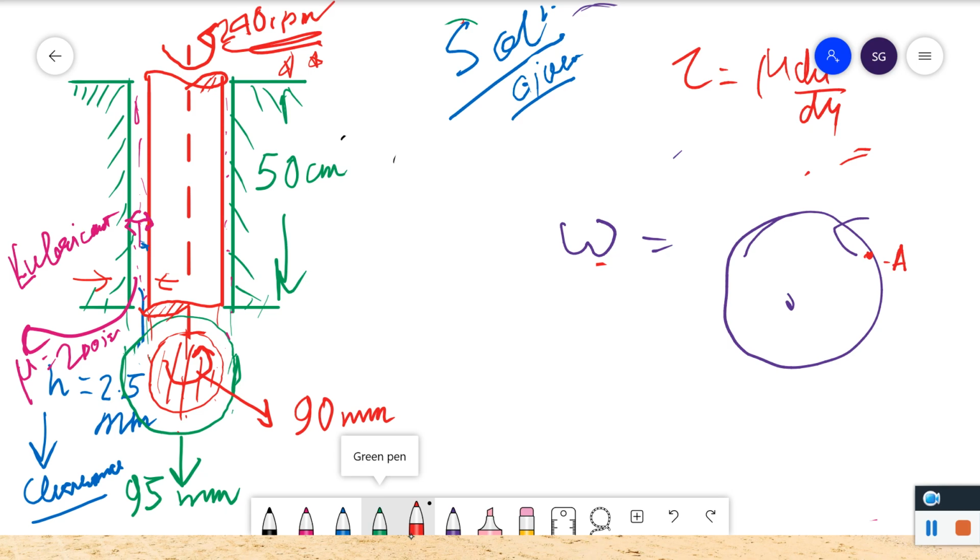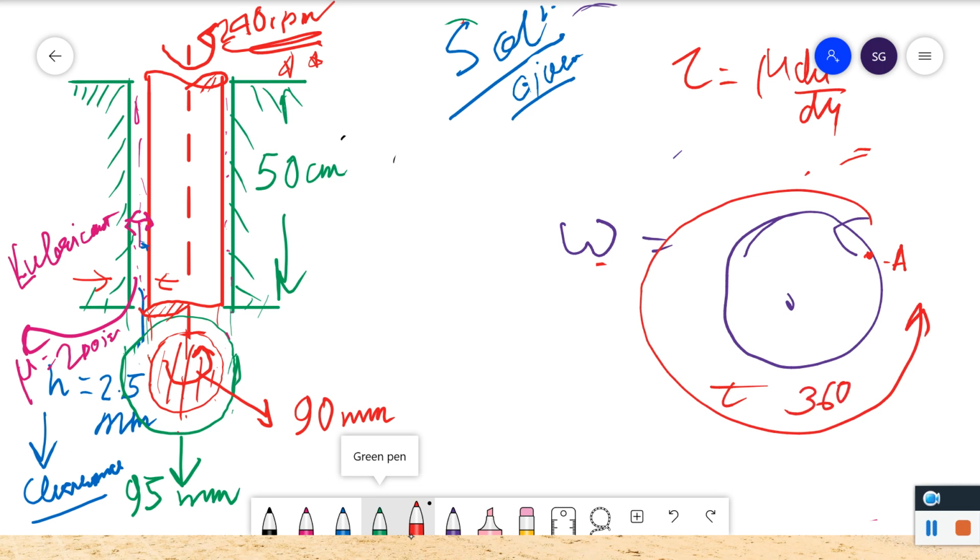Now what we have to do is, say it has taken t time, and it has covered 360 degree. So 360 degree is equal to t seconds.